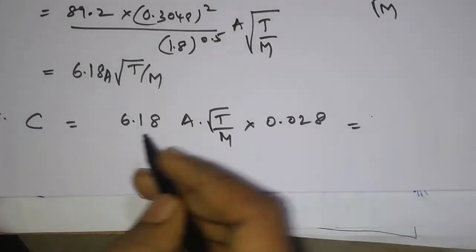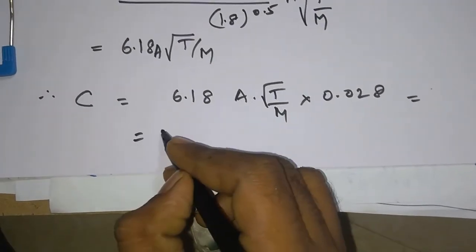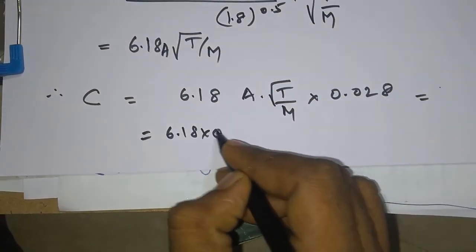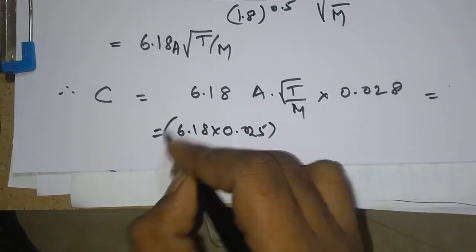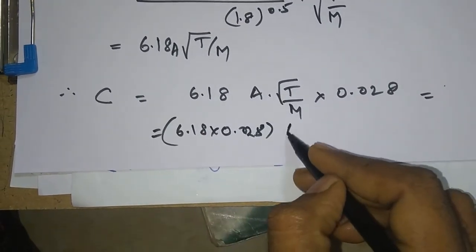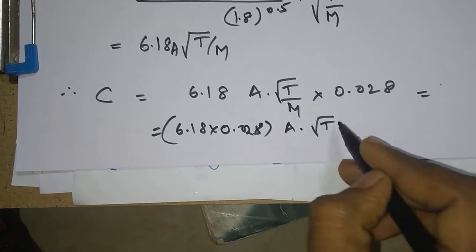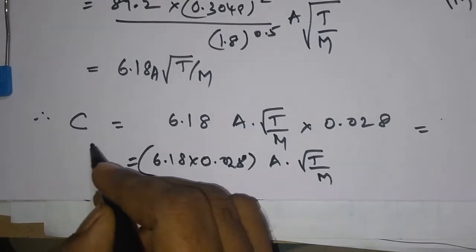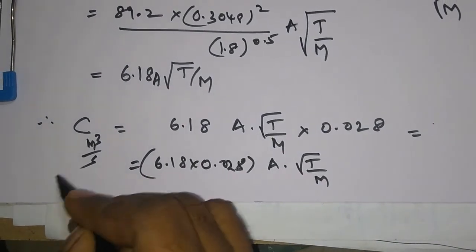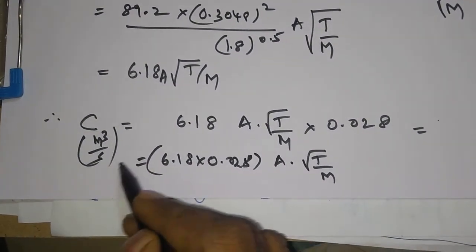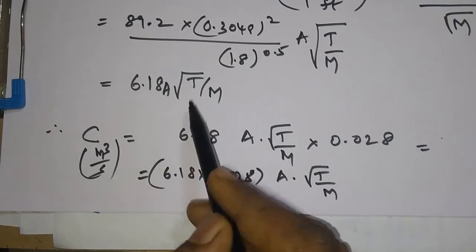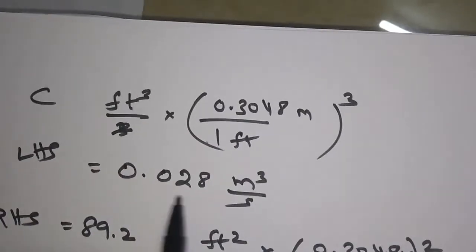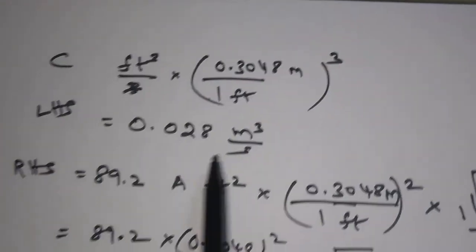Okay, that is 6.18 into 0.028 multiplied by a square root of t by m will give me C in meter cube per second. So C in meter cube per second is this right hand side value multiplied by the conversion factor for feet cube per second if we do.